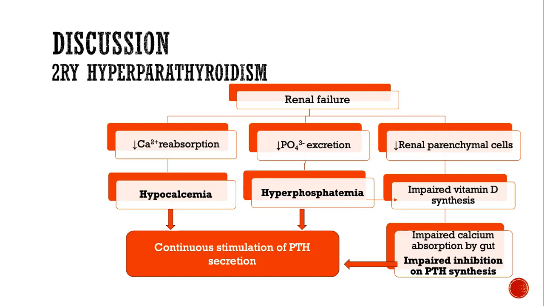Usually, active vitamin D inhibits PTH synthesis. But in this case, since vitamin D synthesis is impaired, there is impaired inhibition of PTH synthesis. So hypocalcemia, hyperphosphatemia, together with impaired inhibition of PTH synthesis, lead to continuous stimulation of PTH secretion, causing secondary hyperparathyroidism.